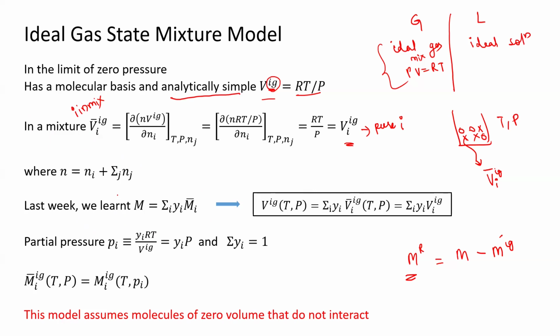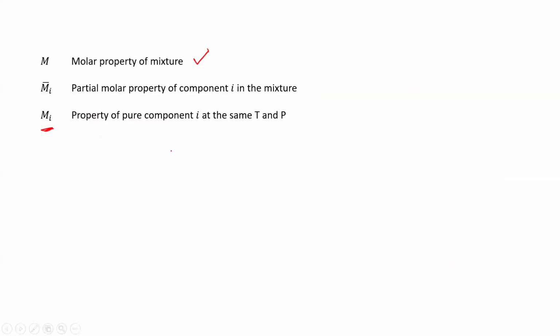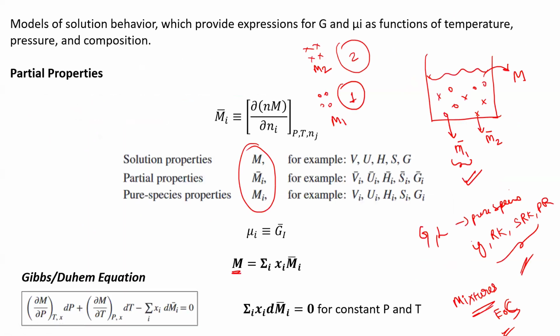Okay. So last week we have learned that M, the total molar property, is equal to the summation of the mole fraction times Mi bar. I have shown this here, right?